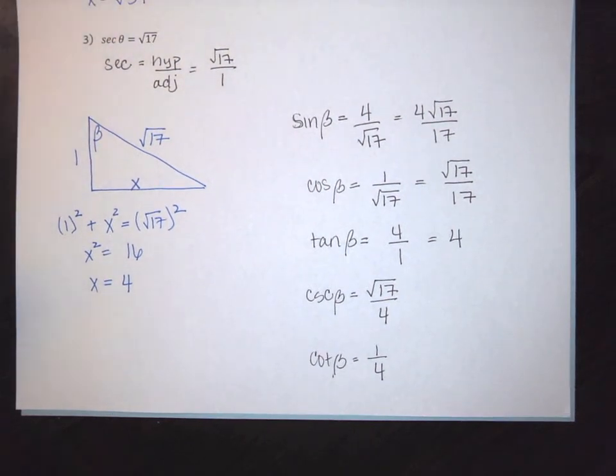And there you have it. Everything that you would need to know to get started working with trig functions and being able to take either a given triangle or a given trig function and find all 6 of the known trig functions.